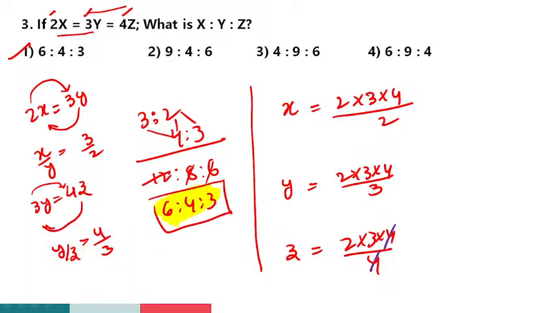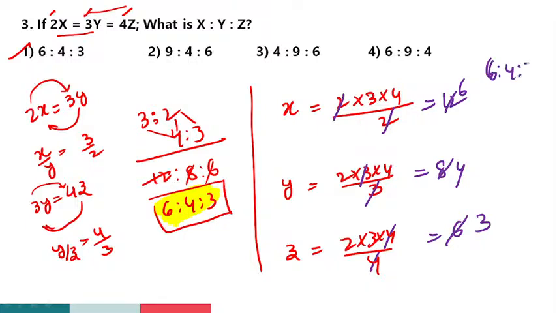So 4 4 cancel, 3 3 cancel, and 2 2 cancel, guys. 3 4s are 12, 2 4s are 8, 2 3s are 6. Again cancellation: 12, 8, 6 becomes 6:4:3. The final answer is 6:4:3.